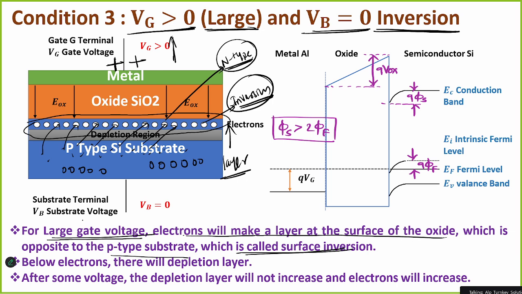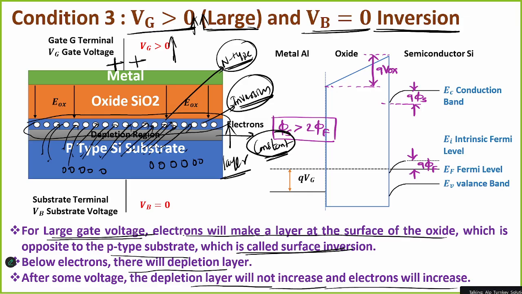Below the electrons there will be a depletion layer. After some voltage, the depletion layer will not increase and the electrons will increase. As we increase the VG voltage more and more, the depletion layer will be constant, but the accumulation of electrons at the surface of the substrate will increase.